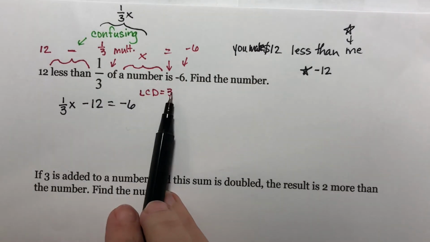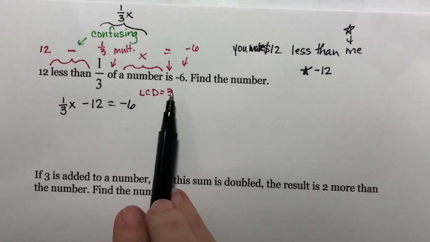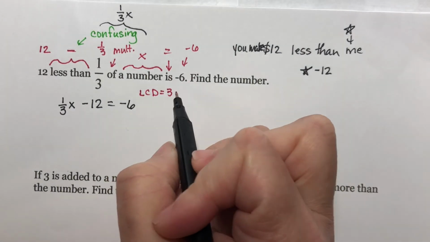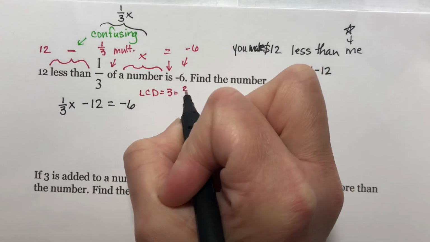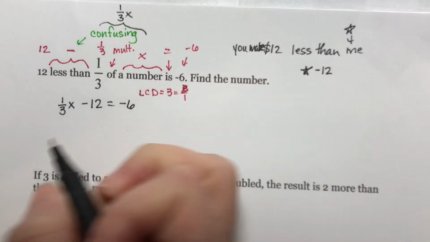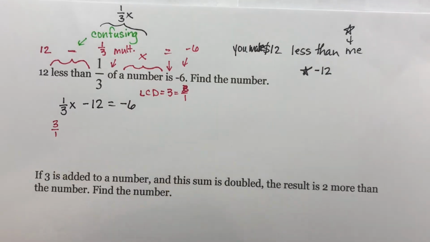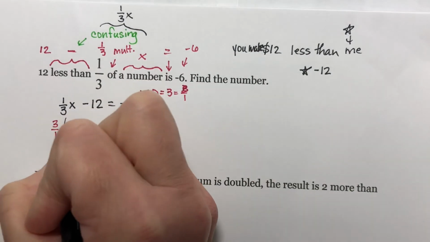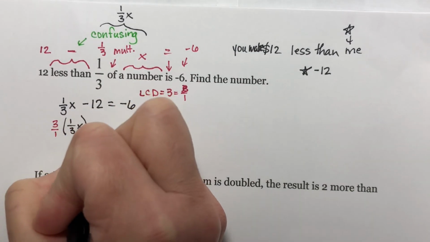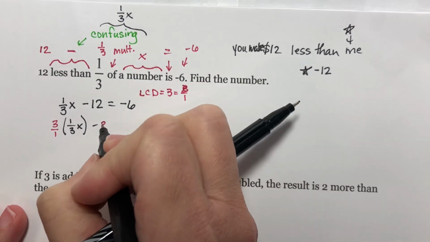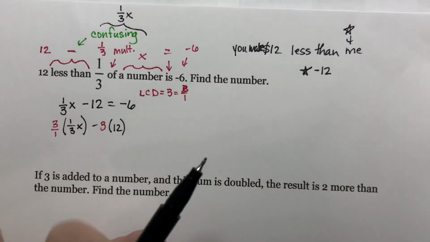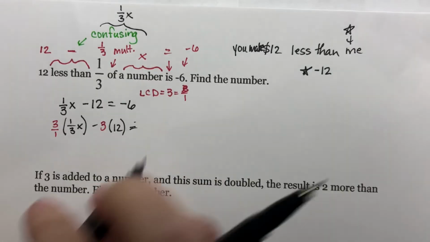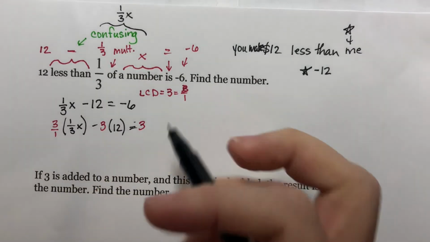Now remember, what we do is we multiply every single thing by our LCD. If it's by just a regular number, I'll write 3. If it's by a fraction, I'll write 3 over 1. So 3 over 1 times 1/3 x minus 3 times 12 equals 3 times -6.